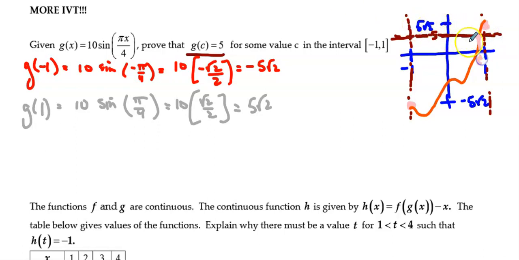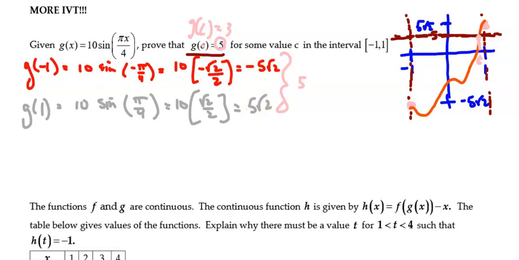I'm sorry, this is getting so small, but there's a value c, f of c, where my y value is 5, because 5 is in between these two numbers, right? Anything could have done this. You could have said g of c is equal to 3. Anything in between these numbers. This number is going to always be in between these two things.